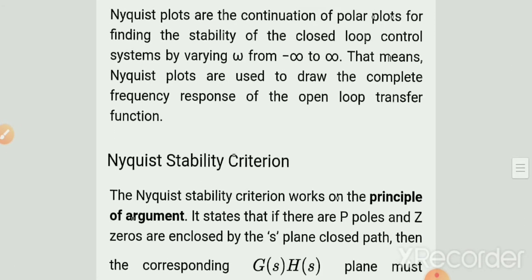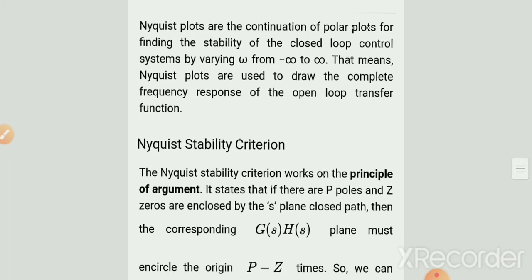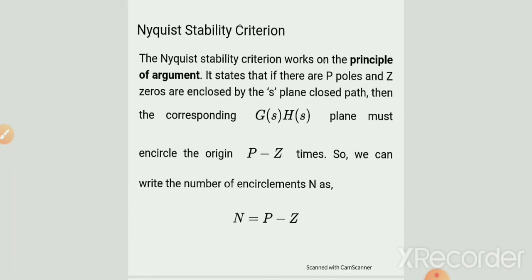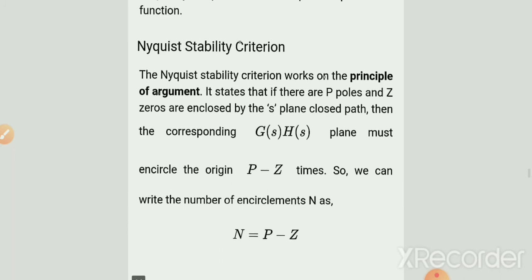Now second, the Nyquist plot. The Nyquist plot is like a polar plot, but here we make a mirror image. The Nyquist stability criterion works on the principle of argument.